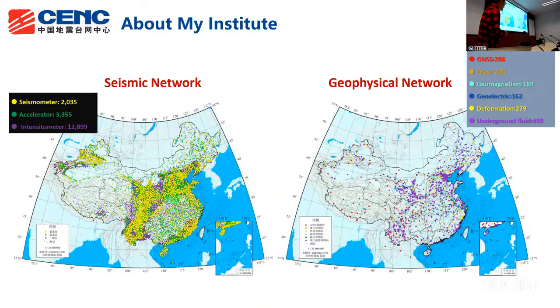The other is the geophysical network. It includes 6 networks. The first is the GNSS, and then gravity and geomagnetism. This network supports scientific research and also earthquake forecasting.